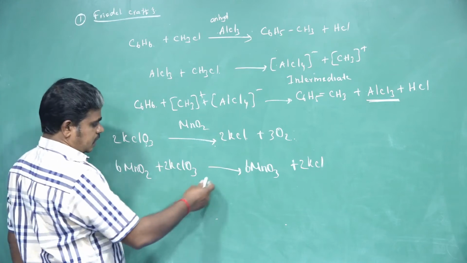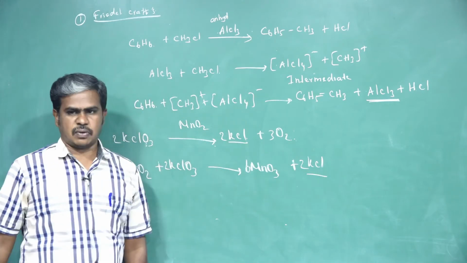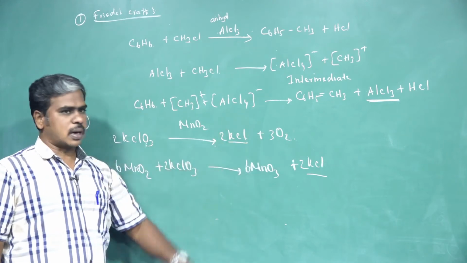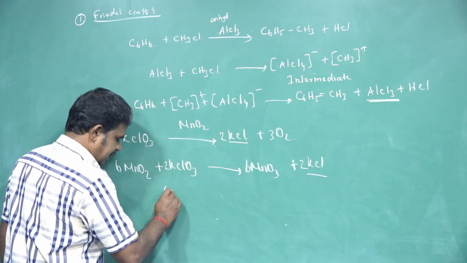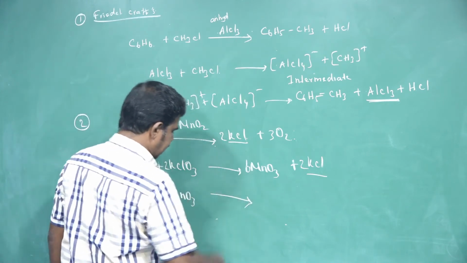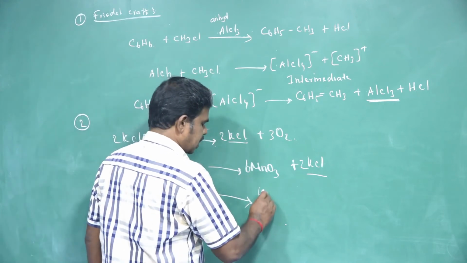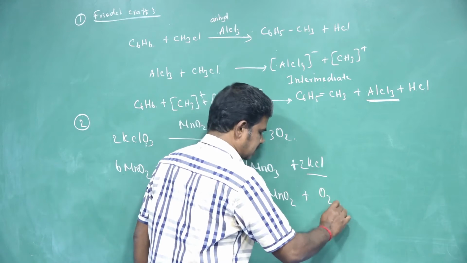Now what will happen here? Potassium chloride is formed, one of the products. Then we want to form another product. So here 6 MnO3 is decomposed and forms 6 MnO2 and oxygen.